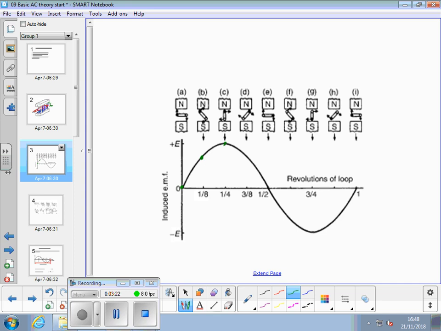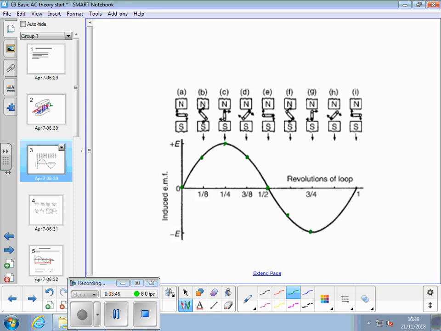As we move around to the opposite position, we start to come down again. There we've gone half a revolution, we're back to zero being generated, and the same in the other half cycle, but we've got a different conductor near the North Pole to what we had, so effectively the current's flowing in the opposite direction.